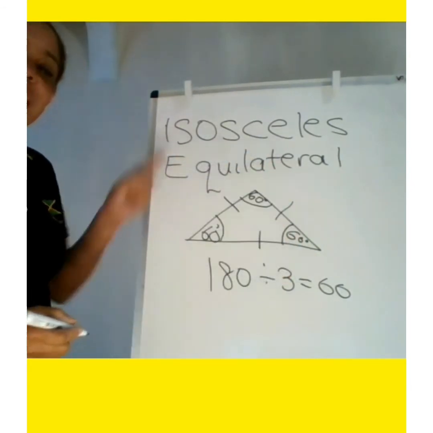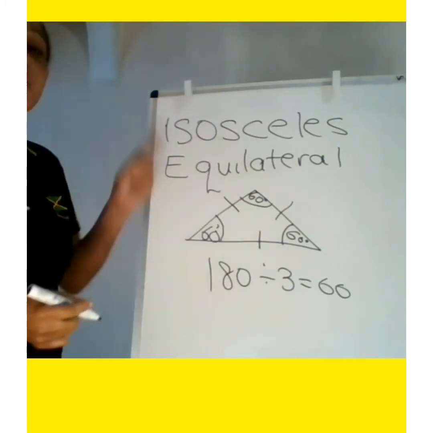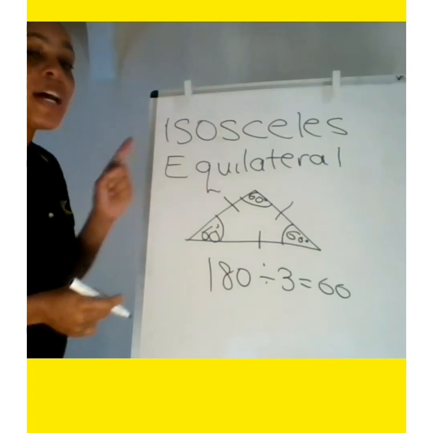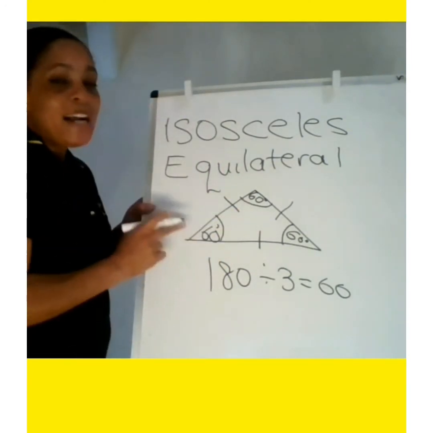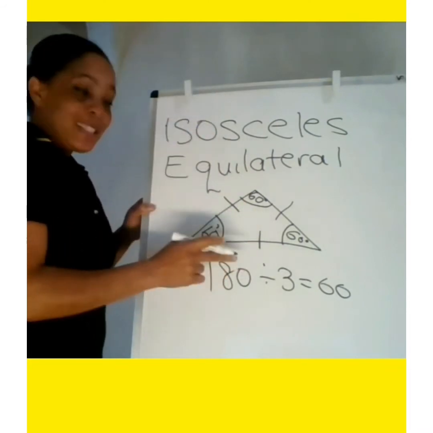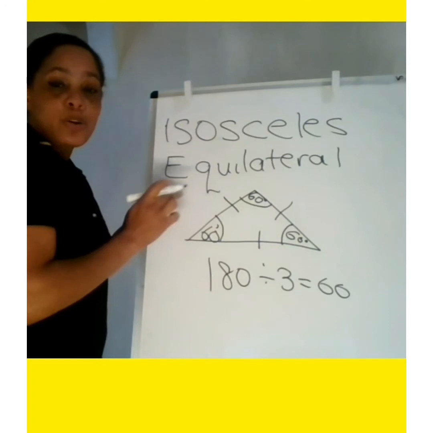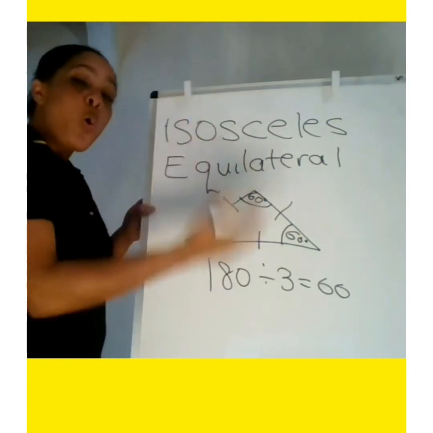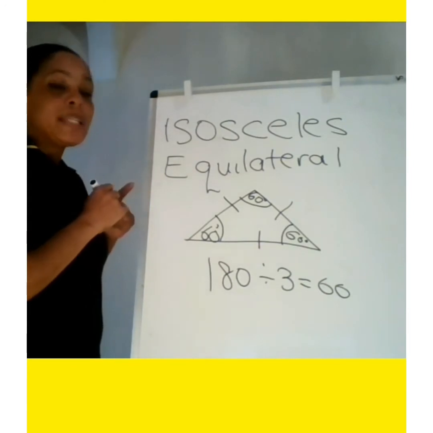So there's not much calculation that is needed in an equilateral triangle. All the sides are equal, all the angles are equal. The angles are always going to be 60. The sides you will be given. So if this is 10, this is going to be 10, that's going to be 10. You will be told what the sides are, but the angles will always be 60.